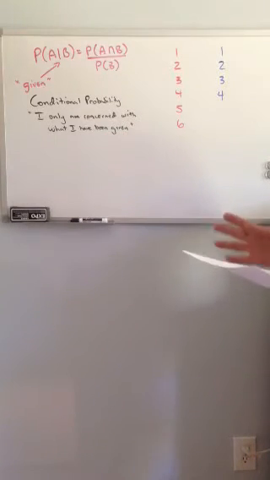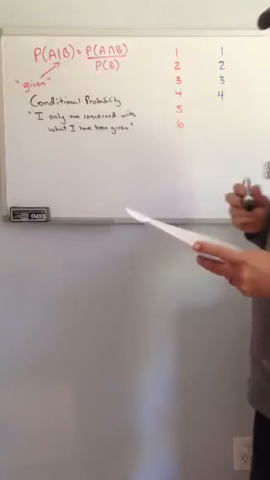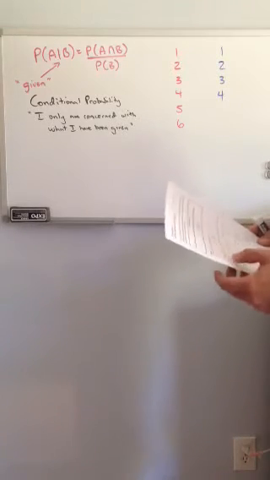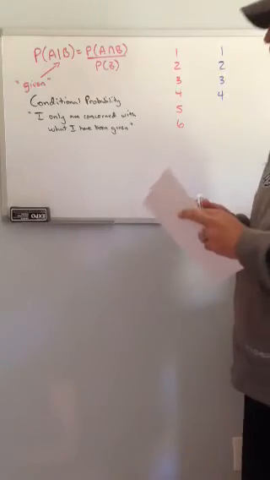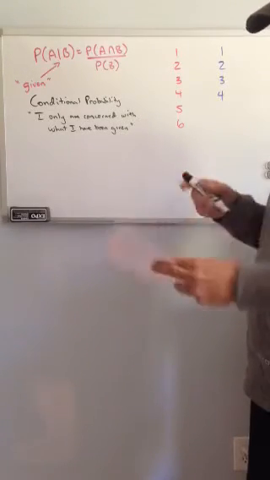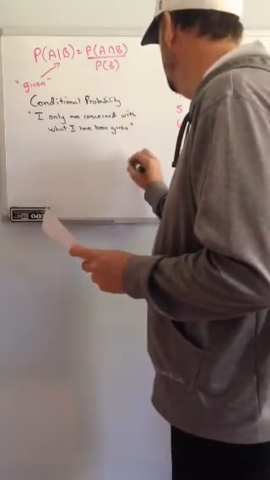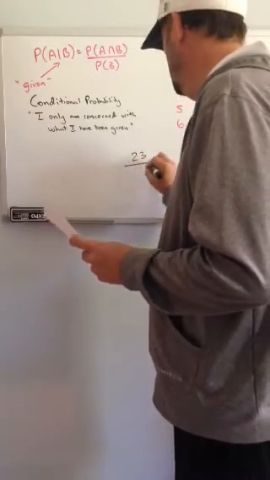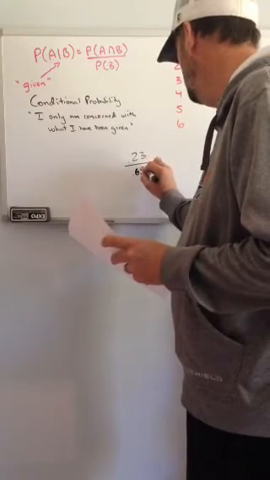So if we look at the first example here on our notes, it gives us probability of B, probability of A and B, and they want us to find the probability of A given B. So it's just a plug and chug. We're going to fill in the information that they give us. Probability of A and B is 0.23. Probability of B is 0.65.